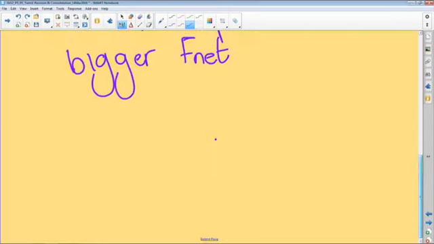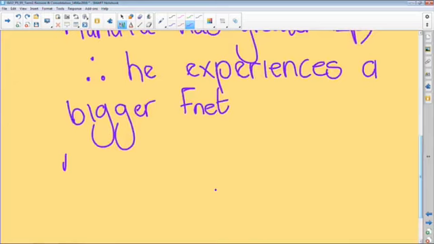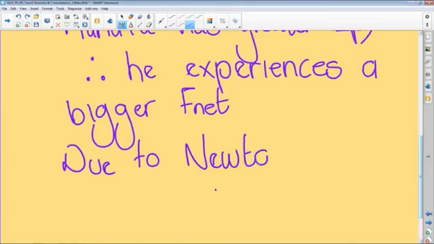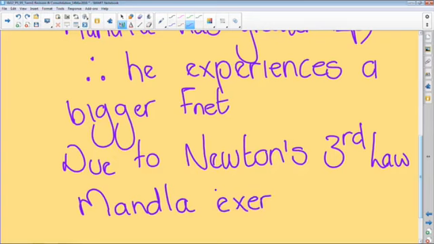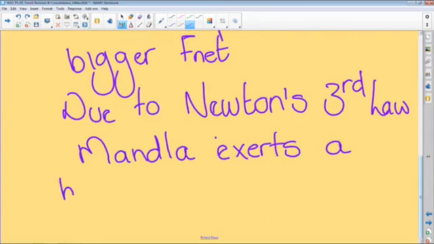And now, due to Newton's third law, Mundler exerts a bigger force on the trolley.